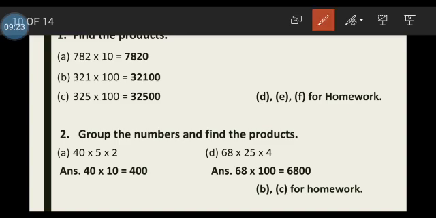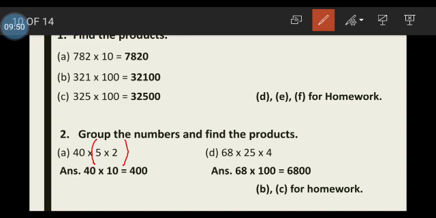Here the numbers are 40 multiplied by 5 multiplied by 2. What I have done is I have grouped 5 and 2 first, because it will give me 10 and then multiplying 10 by another number will be very easy for me. So 40 multiplied by 10 and the answer will be 400.